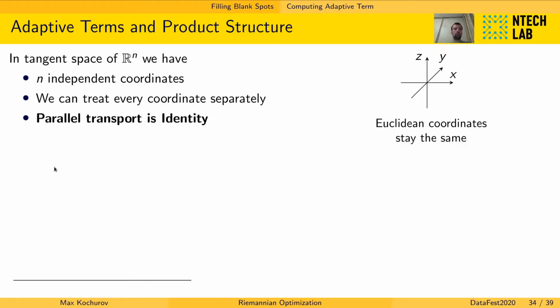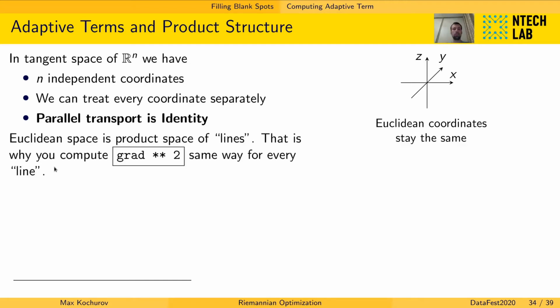That's only the case when our parallel transport is identity. So we keep the same basis at each tangent space in our Euclidean space. That's a luxury, and it allows us to compute the adaptive term with the second moment, just grad squared.